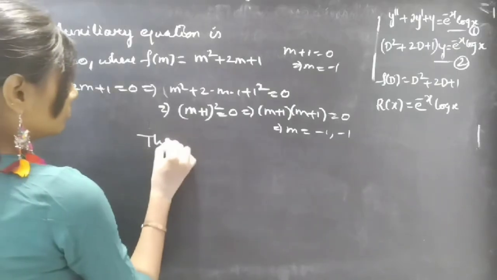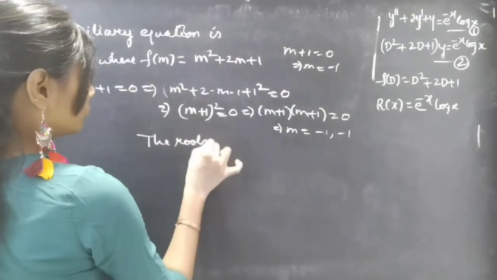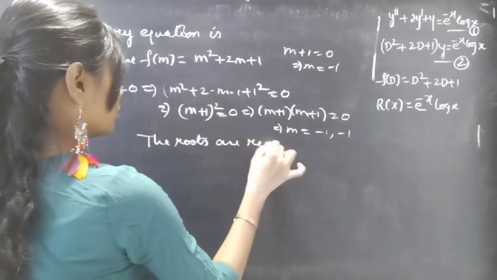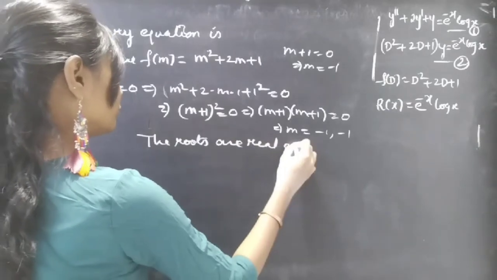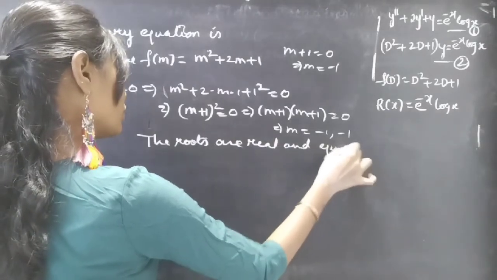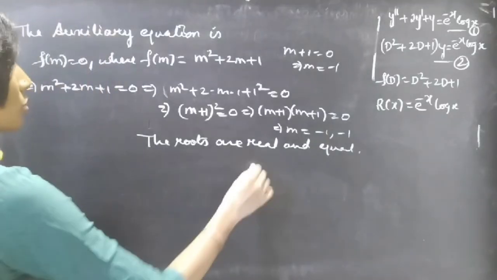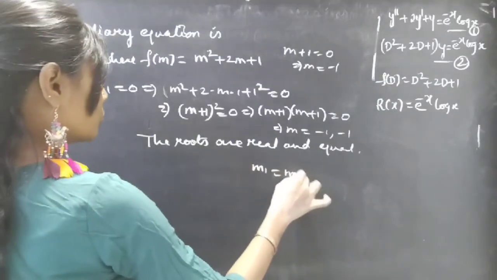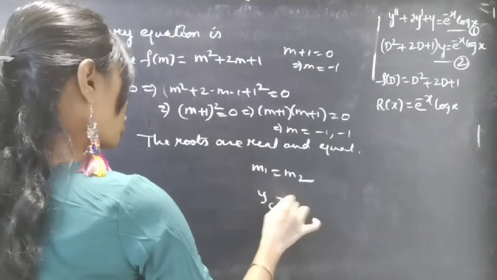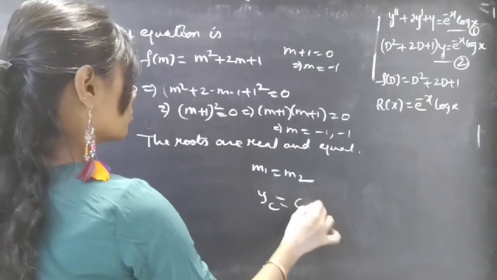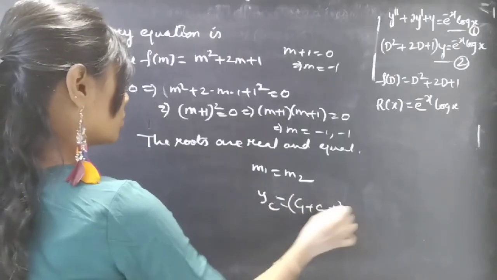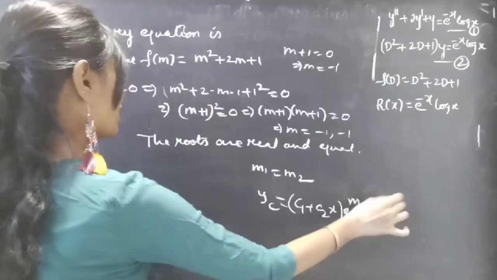The roots are real and equal. We know that when two roots are real and equal, say m1 equal to m2, then the complementary function looks like c1 plus c2x into e power that equal root into x, right?